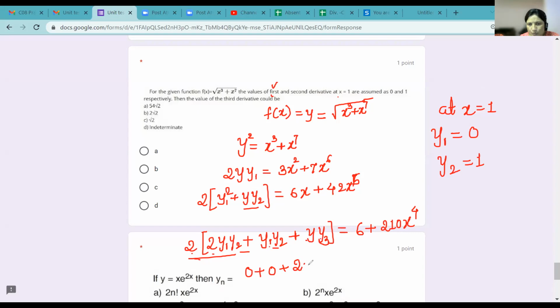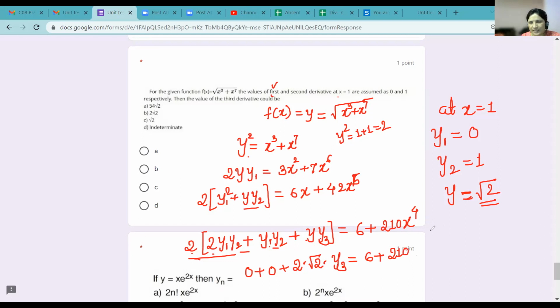So 2 into y at x is equal to 1. So here we have y square. So y square means here y square is equal to 1 plus 1. It is equal to 2. Therefore y will be square root of 2. इथे बघा 1 plus 1 पुट करा, y ची व्हॅल्यू तुम्हाला at x is equal to 1 ला √2 मिळेल. So 2 into square root of 2 into y3 is equal to 6 plus 210 into 1.